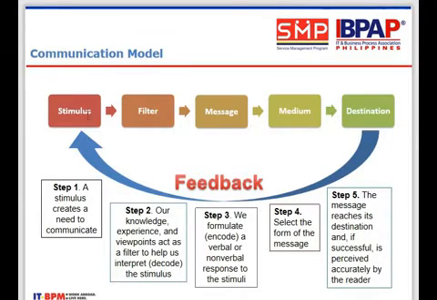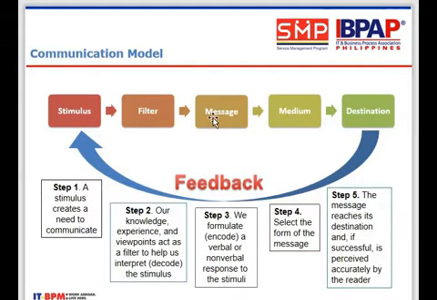Step 2, after creating the stimulus or after knowing the reason why you need to communicate, you have to filter it, of course. Our knowledge, experience, and viewpoints act as a filter to help us interpret, decode the stimulus. And then comes the message. We formulate, we encode a verbal or non-verbal response to these stimuli.